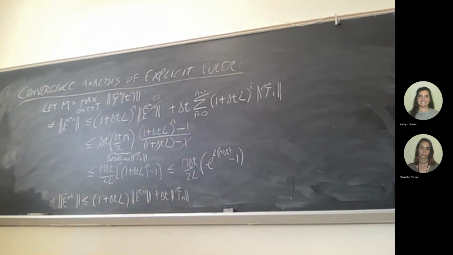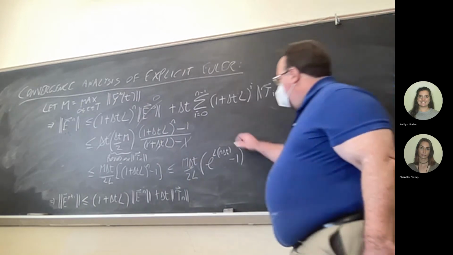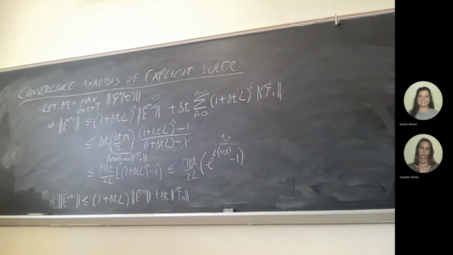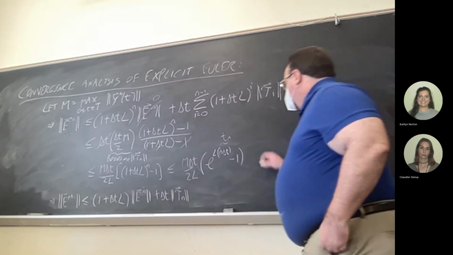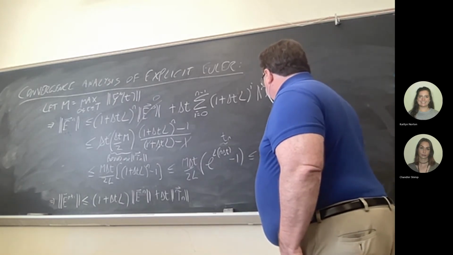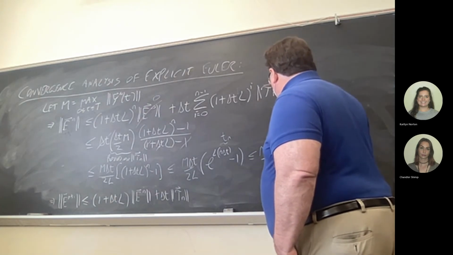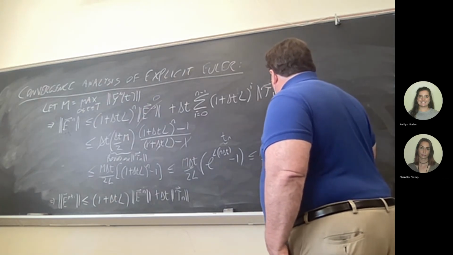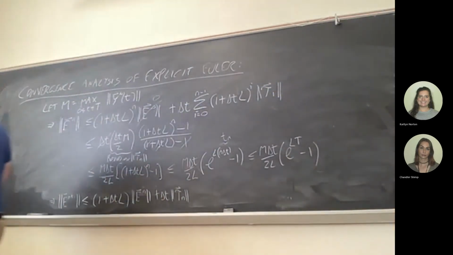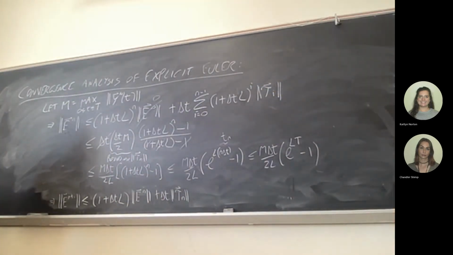But n ΔT, that's T_n. But T_n is bounded by capital T. So this is less than or equal to M ΔT over 2L times (e^(L T) − 1). So now we have a bound on the global error.